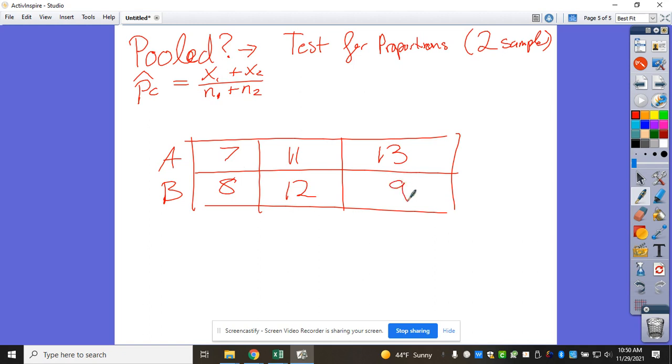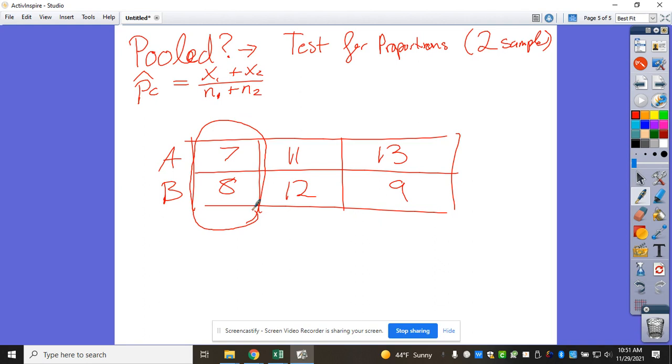How do I know if that is a matched pairs or a 2 sample test or 2 sample means? With the context, I know I have no context up here, so you only use context to figure it out. If the context were making it matched pairs, explain that to me. You could circle these. Why would I choose to circle this?